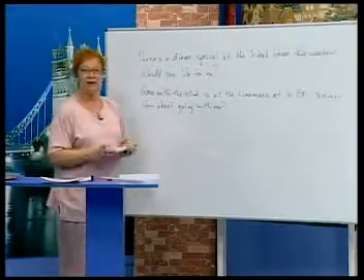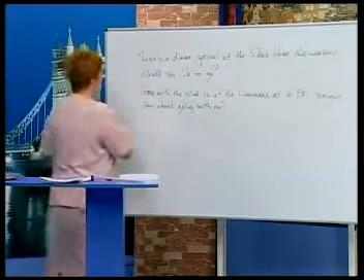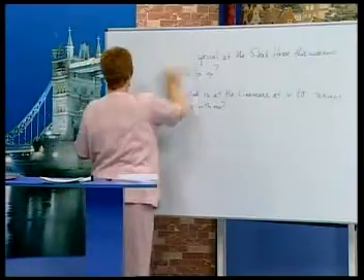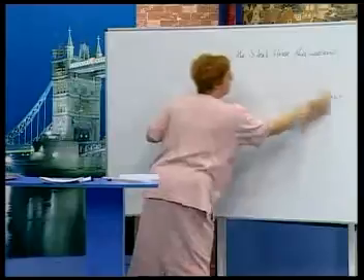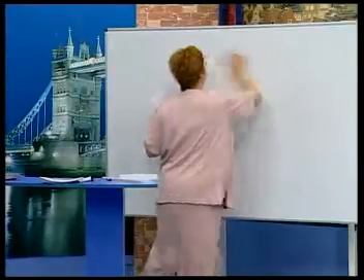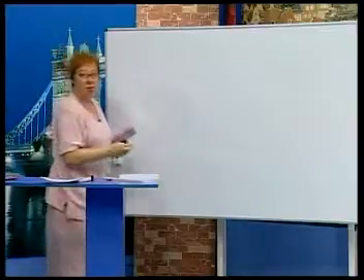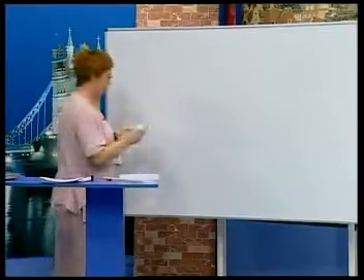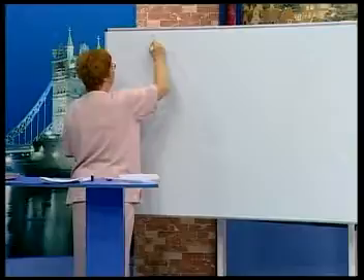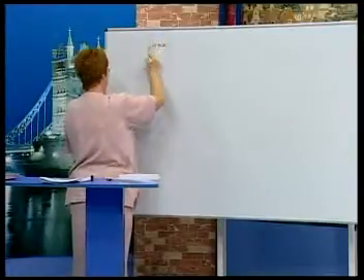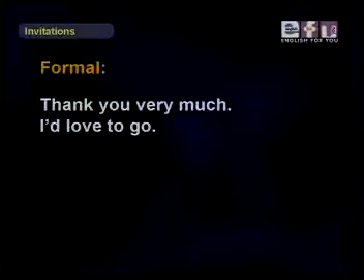Now, let's talk about accepting invitations again. And this is what they can look like. So, this is if you want to go, okay? You're saying yes. So, formal, we have: thank you very much, I'd love to go.